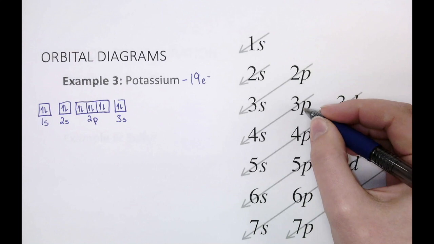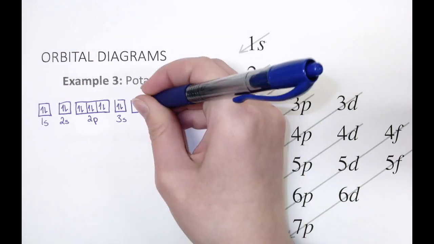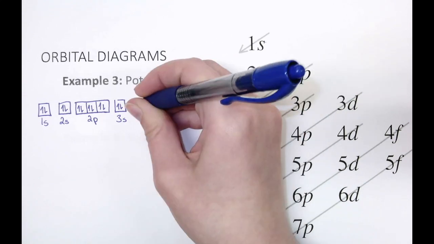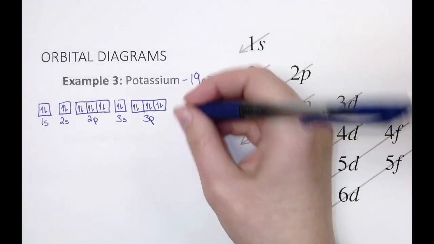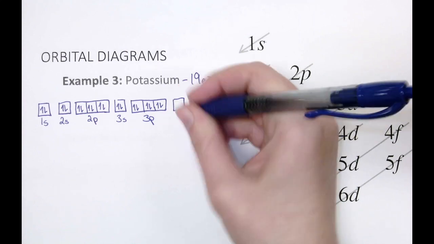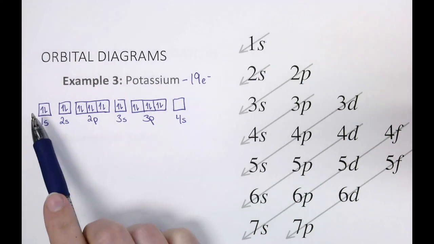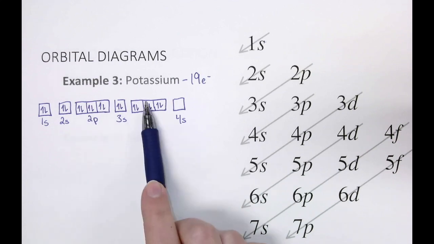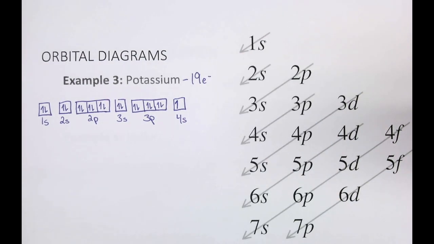After 3s comes 3p. After 3p comes 4s. So this is my last orbital. So I'm going to count up all my electrons so I know exactly how many electrons need to go in my last orbital. So 2, 4, 6, 8, 10, 12, 14, 16, 18. So that means I need just 1 to get to 19.